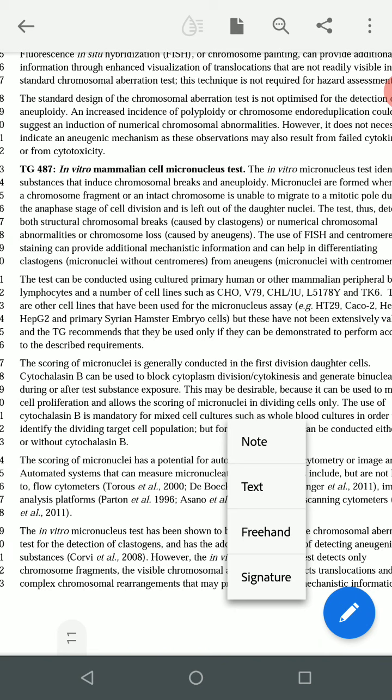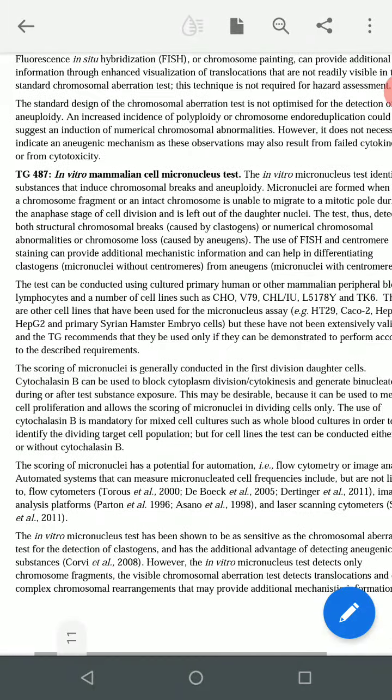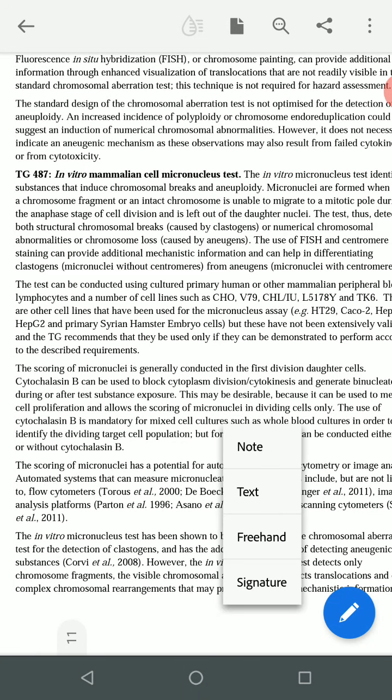The scoring of micronuclei is generally conducted in the first division daughter cells. Cytochalasin B can be used to block cytoplasm division, or cytokinesis, and generate binucleate cells, meaning two-nucleate cells, during or after test substance exposure.